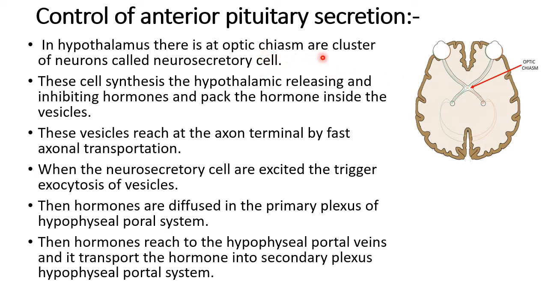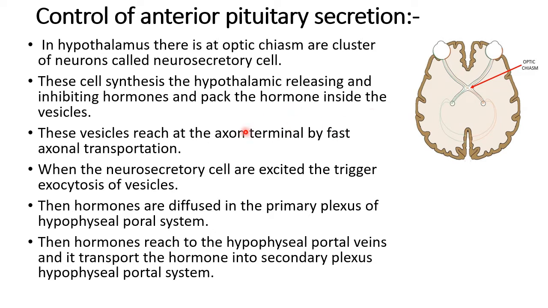The optic chiasm has a cluster of neurons, and these neurons are known as neurosecretory cells. These cells synthesize hypothalamic releasing and inhibitory hormones, and these hormones are packed inside vesicles.